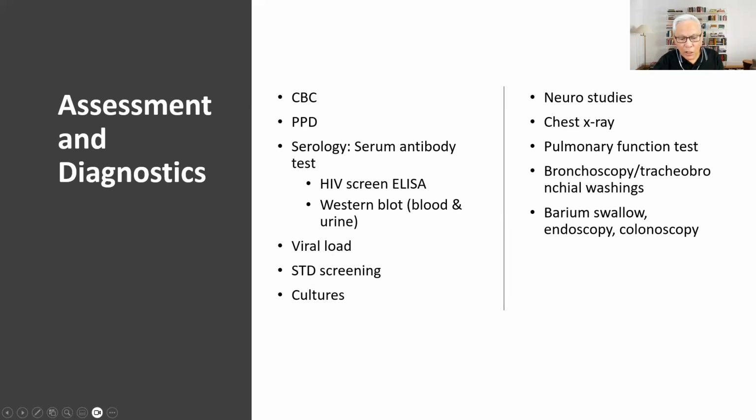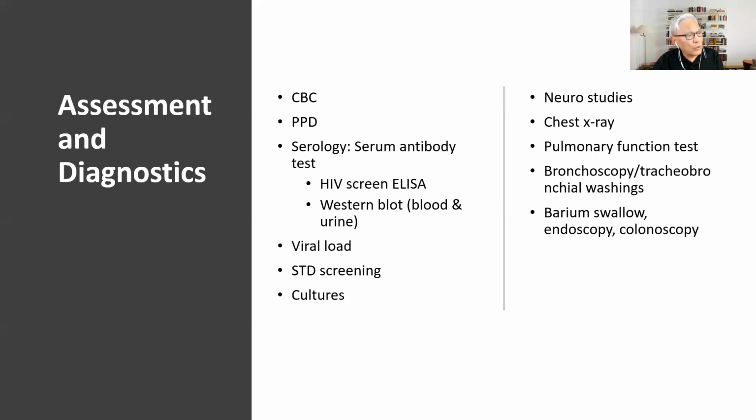And when I talk about cultures, it could be blood cultures. It could also be other types of cultures, like maybe fluid that is coming out from somewhere could be cultured to identify the microorganism. All right.